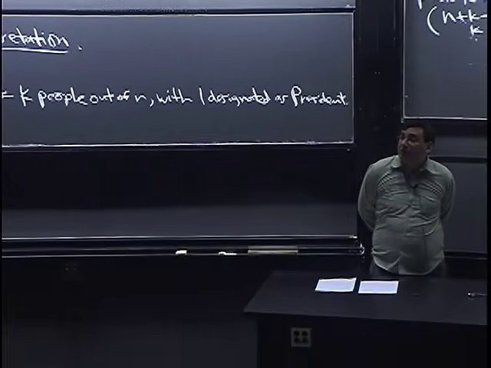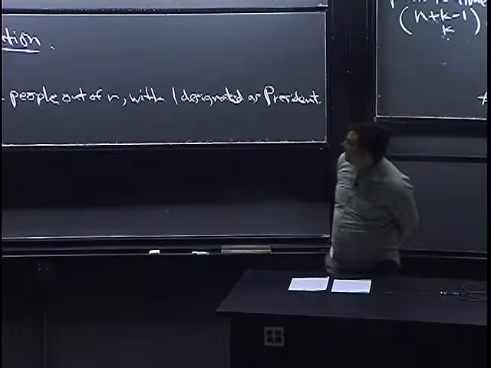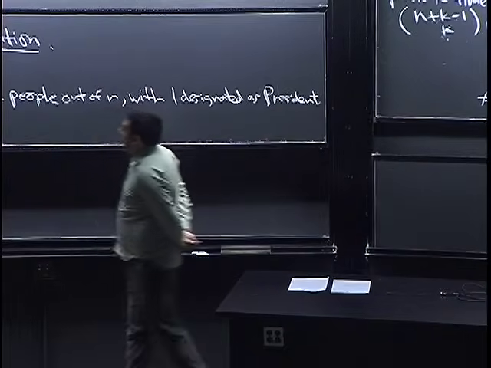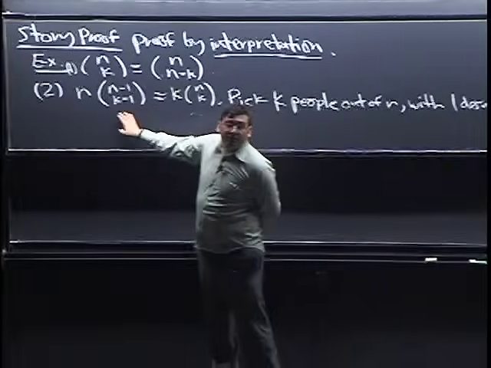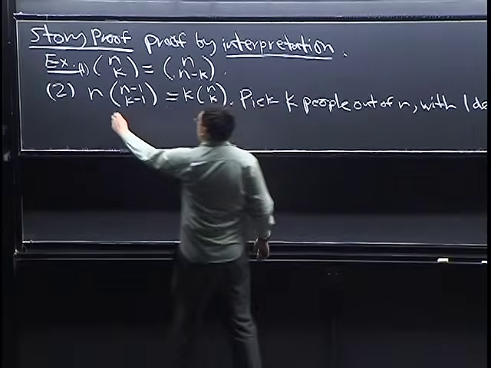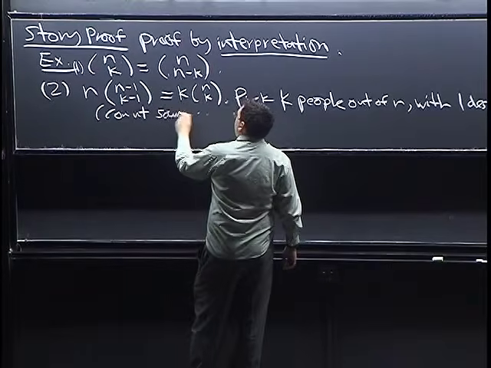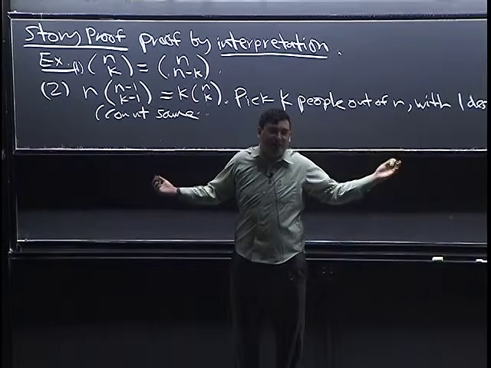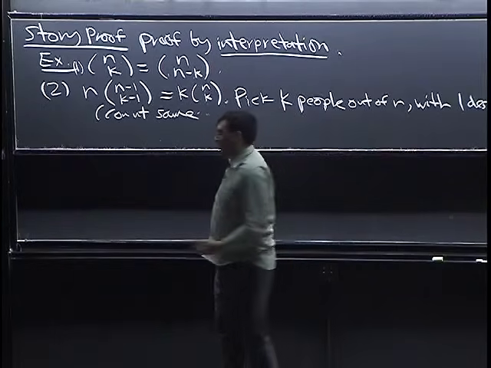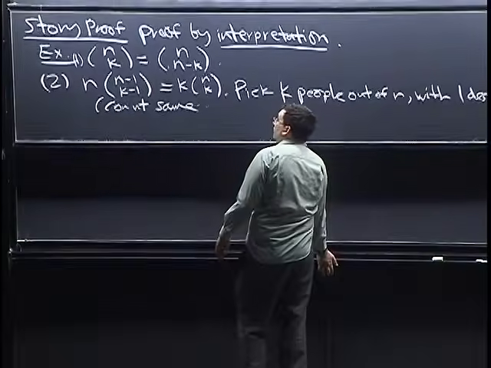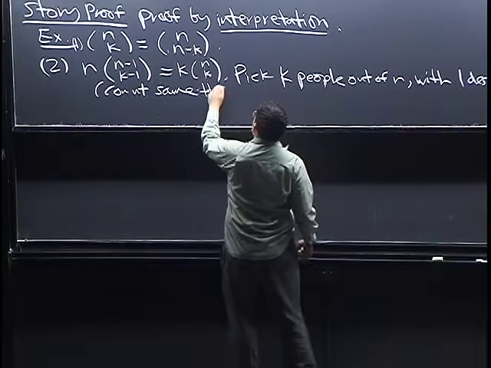That's the kind of thing that I mean, that we're counting the same thing in 2 different ways. So if both ways are correct, they must agree, right? So that's the idea. Count the same thing in two ways.